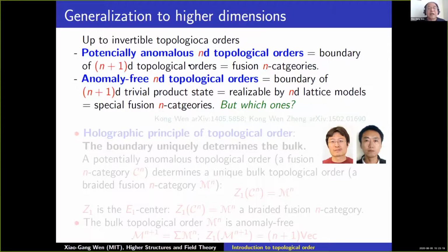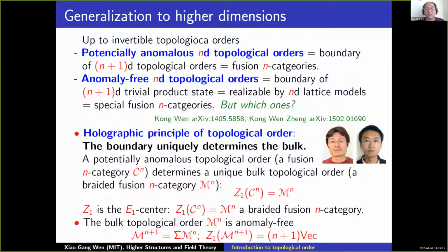And there is a conjecture, the holographic principle of topological order, which means that the boundary uniquely determines the bulk. When you have a topological order with a boundary, if you know the boundary, then you know the bulk uniquely. Here the boundary is a fusion N category and the bulk is an anomaly-free topological order.